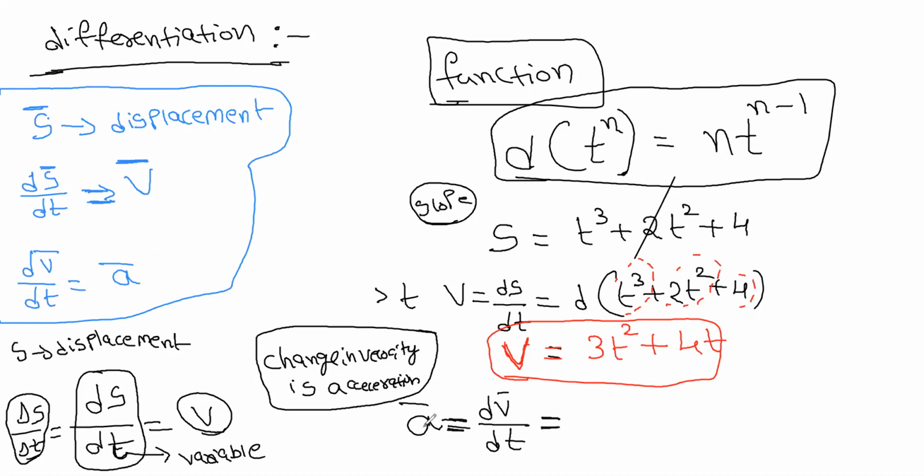Now we need acceleration, which is nothing but change in velocity, that is dv by dt, right? I know v as a function of time here. I just have to differentiate it. So the differentiation of 3t square plus 4t is the dv by dt.